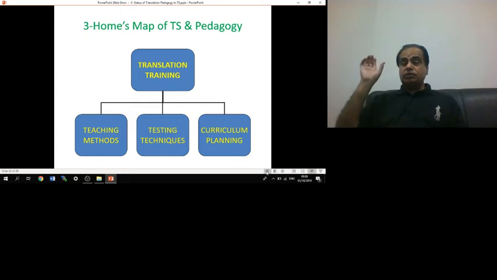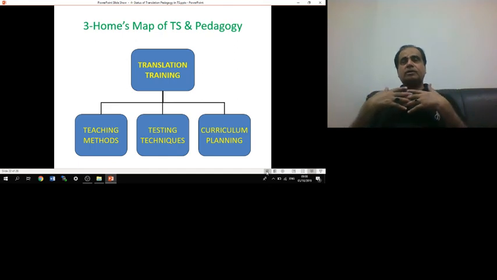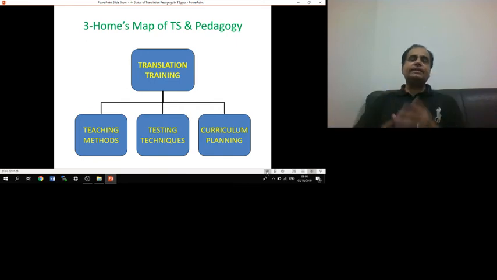You cannot use the testing techniques used in the basic translation course for testing the learning of the students in an interpreting course. Big difference. So on. You cannot teach legal translation the way you teach literary translation. So teaching techniques are different for different situations.